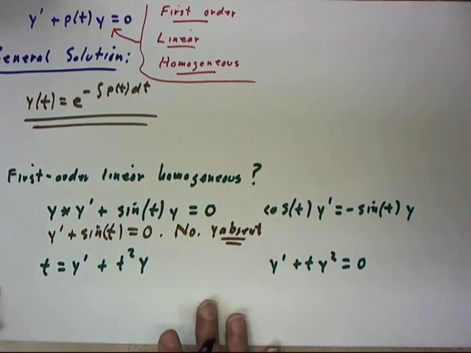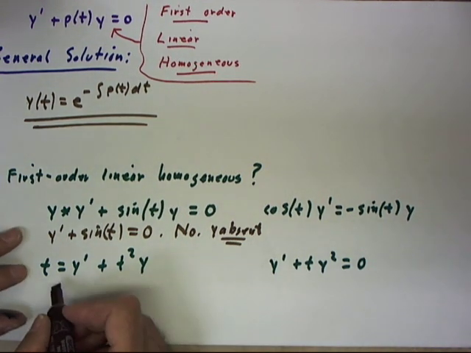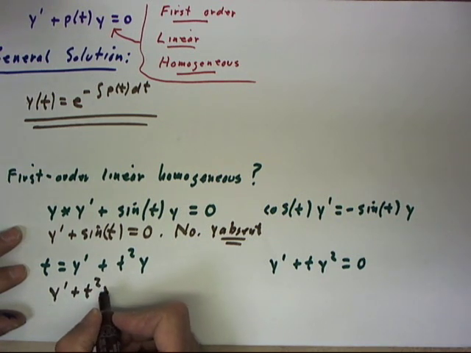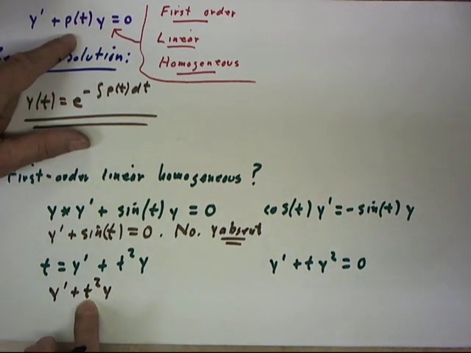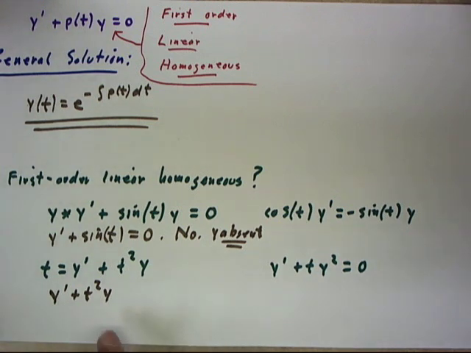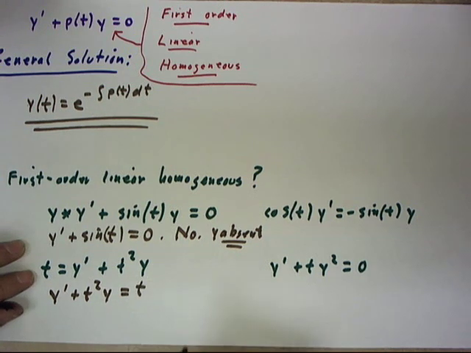Let's consider this equation, t equals y prime plus t squared y. We can put this in the form y prime plus t squared y. Now if this was equal to 0, then t squared would be our p of t function, and we would have this function in the right form. However, we've got this pesky t here. We could put this on either side. I'm just going to put it on this side.